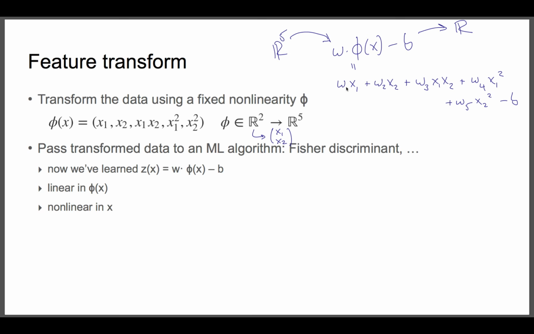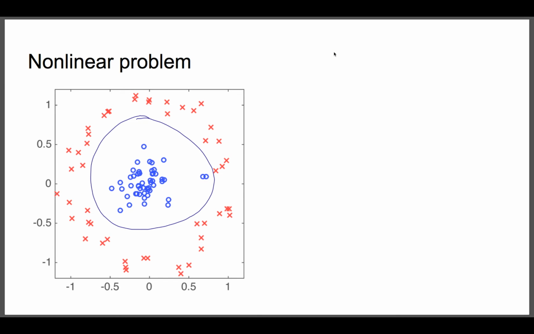The zero of a quadratic function is a conic section, which is to say a circle, an ellipse, a hyperbola, a parabola, or a line. So if I can learn this w here, I can learn a decision boundary which is any conic section, which is nice because if we go back to our nonlinear problem, an ellipse would do a pretty good job of separating the circles from the crosses.